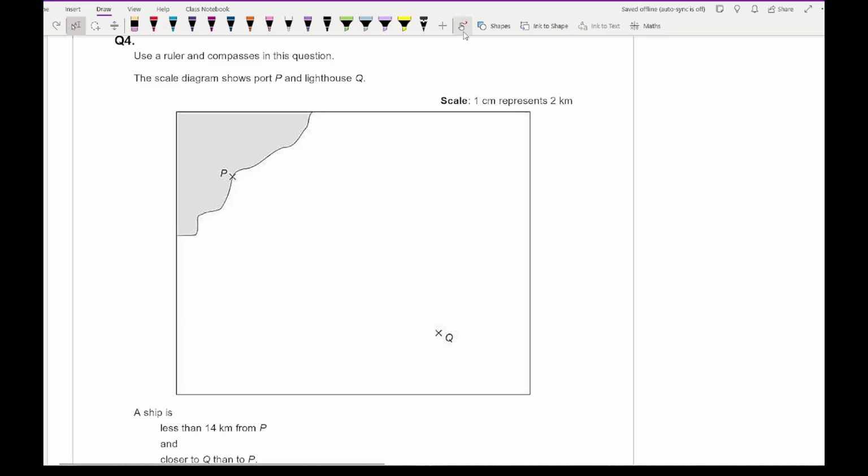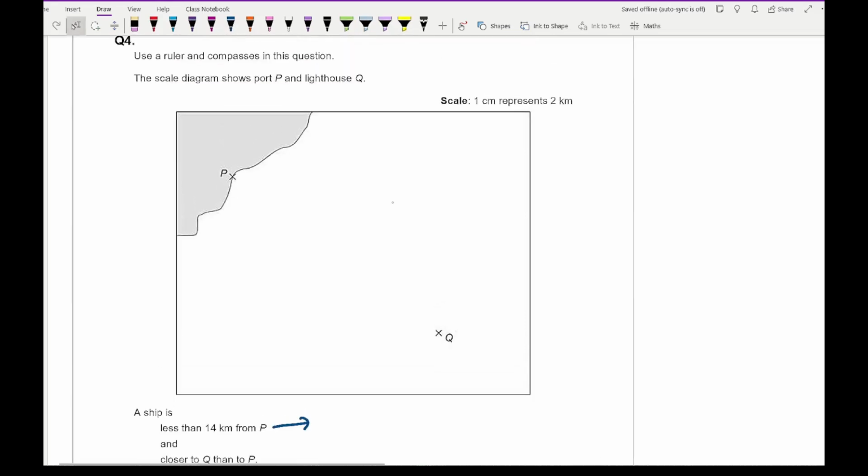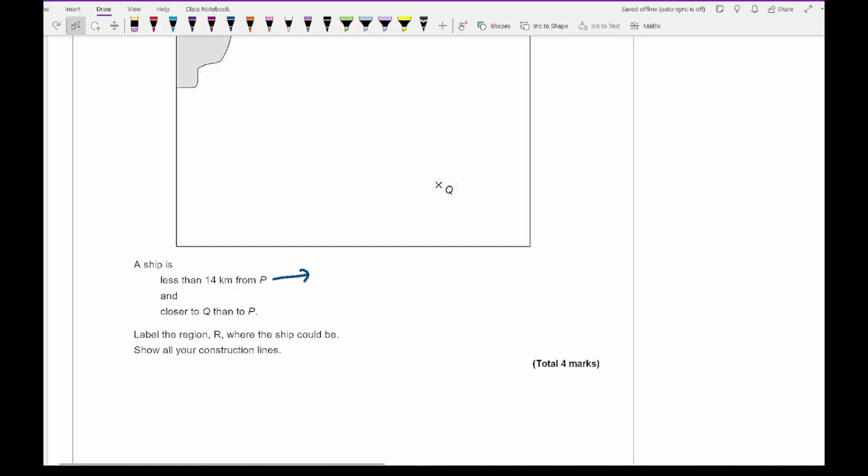For this, what we need to do first is look at the two parameters. Less than 14 kilometers: we know that the scale is 1 centimeter represents 2 kilometers. So we need to draw a circle with center P with a radius of 7 centimeters.